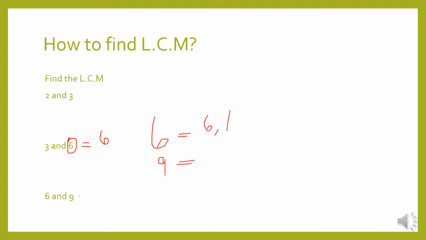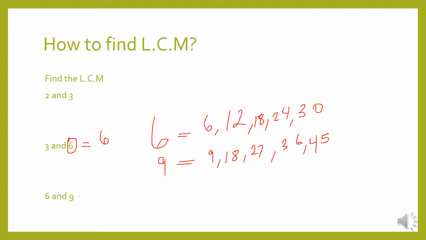Think of your 6 timetables. 6, 12, 18, 24, 30, 36, and so on. Let's count in 9s. 9, 18, 27, 36, 45, and so on.